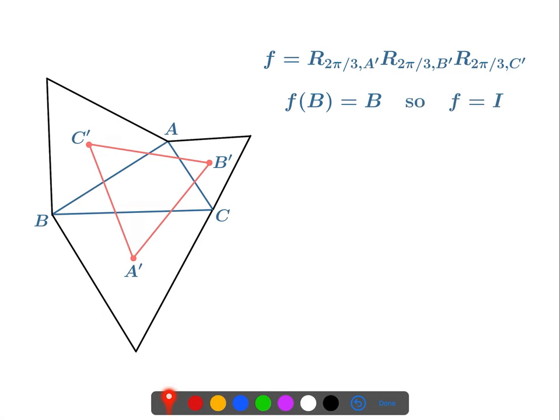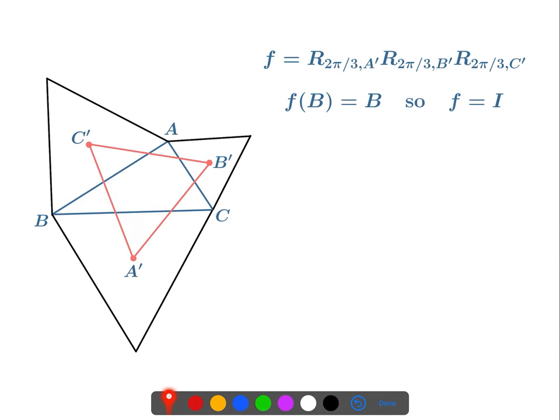Although that would happen if you considered this a rotation by 2 pi about b, you would end up back where you were. That is not the way you want to think about this, because in general, f doesn't necessarily equal the identity function. It just happens to be the identity function in this case because b went to b. So we think of it being the identity function because we know it's a translation, and b goes to b. So everything has to go to itself.